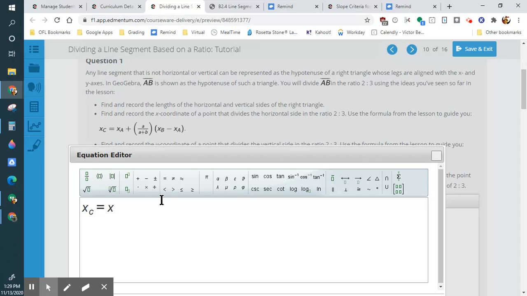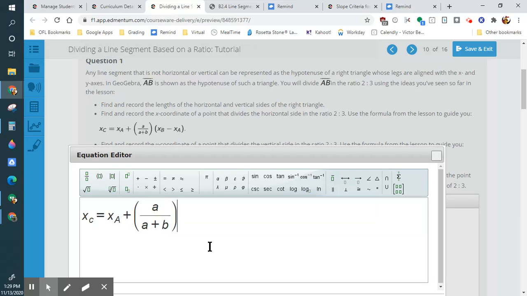So then x sub a, you can do control down is what I usually do here. X sub a, I'm going to add that to our fraction. If you use their parentheses, it actually does get bigger when you do this. I didn't know that. A student told me this. We're going to do this.